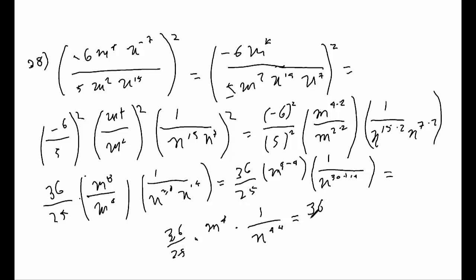quotient situation. 36 m to the 4th over 25 n to the 44. And now I have simplified this very complicated expression to this not as complicated expression in example number 28.